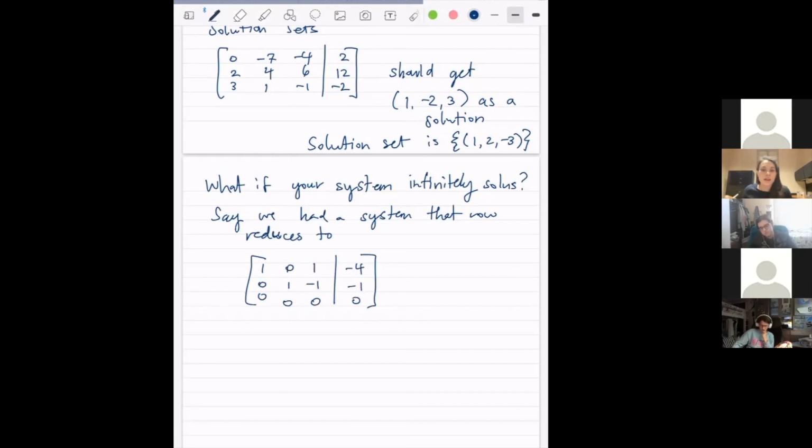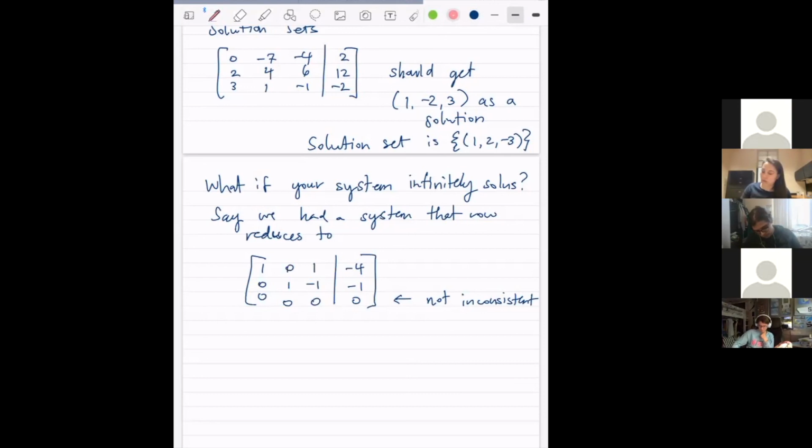Okay. Then notice that we have all zeros in the last row, so that means that this does not tell us that it's inconsistent. In fact, it is consistent, right? Because we have all zeros. What we can do is we can write down the solution, right?